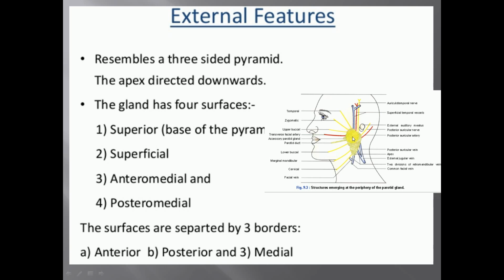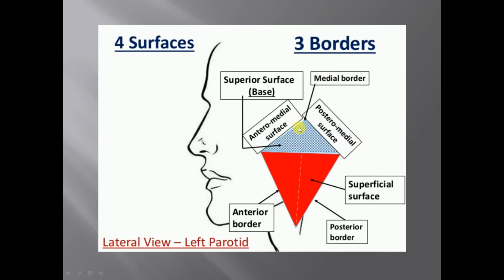Here is your medial border, which divides the gland into your anteromedial surface and the posteromedial surface. Here is your anterior border and here is your posterior border. So this is the base, the superficial surface, the anteromedial surface, the posteromedial surface, and the medial border, the anterior border and the posterior border.